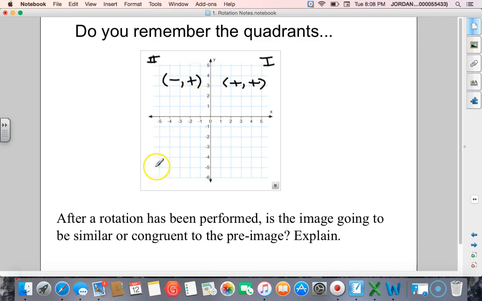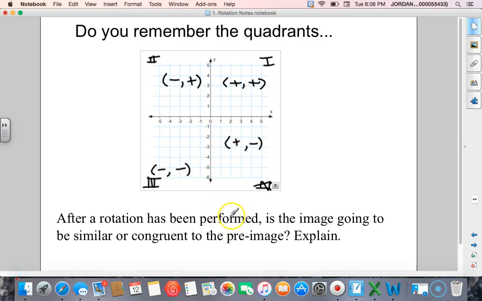This is important to remember. In the third quadrant, you've got negative x's and negative y's. And in the fourth quadrant, you've got positive x's again, but now negative y's. Those are the four situations that will come up depending on which quadrant you're in.